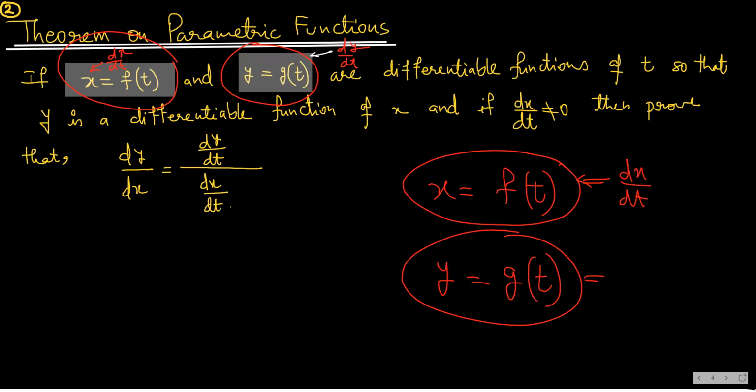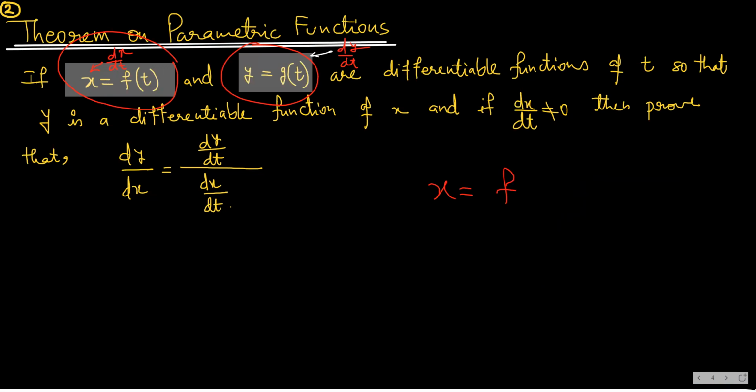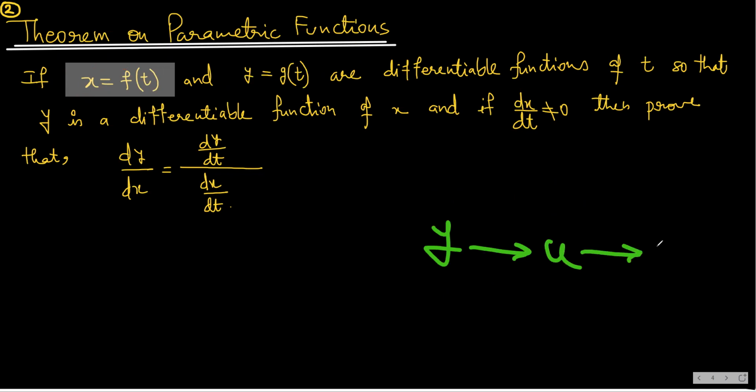See, how do I prove? For proving, I will start with my basic variable. Students, how many variables do you see here? Like in the previous theorem, you had y as a function of u as a function of x.